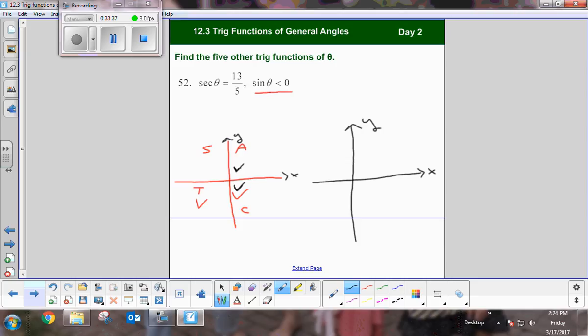So in quadrant 4, it says the secant, which is r over x. Yeah, so it's r over x, right? So I'm going to just draw a terminal side someplace in quadrant 4. It's not to scale.